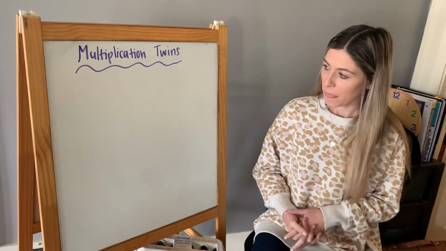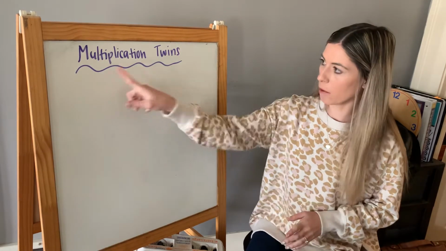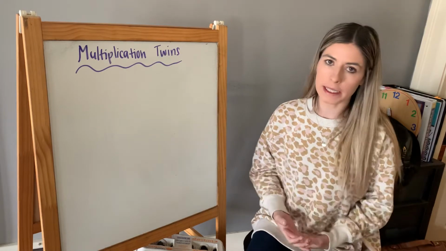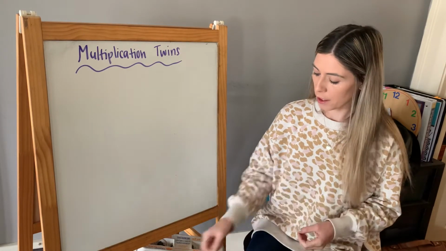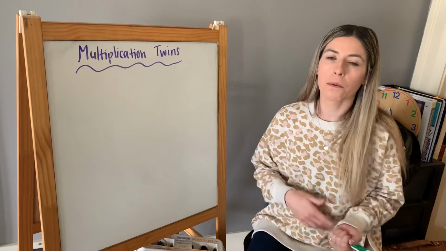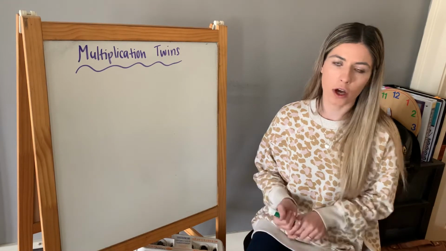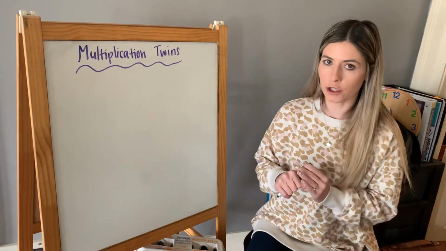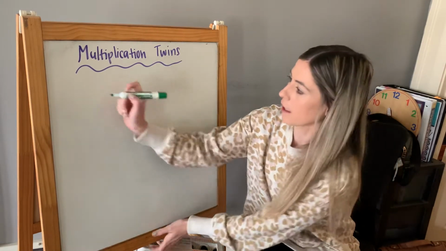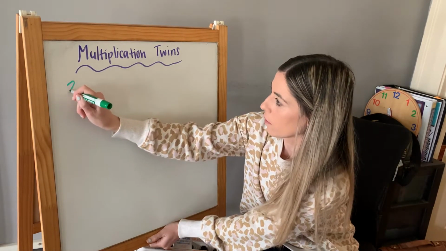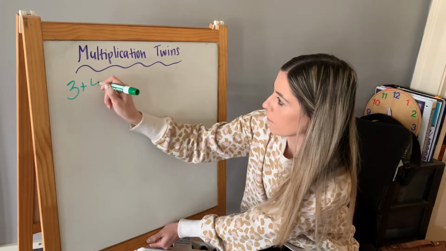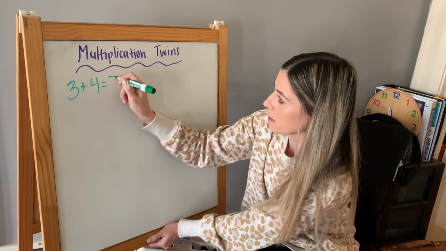So we are going to talk about multiplication twins. But before we get to that, I want to show you, if you remember back when we were practicing all of our addition facts, we had something else called a twin. We had an addition twin, and it looks kind of like this. So 3 plus 4 equals 7.